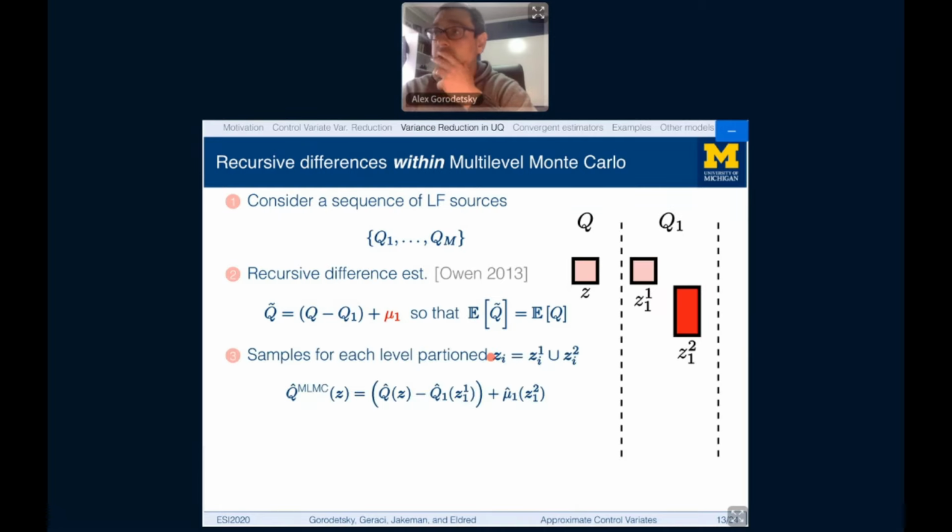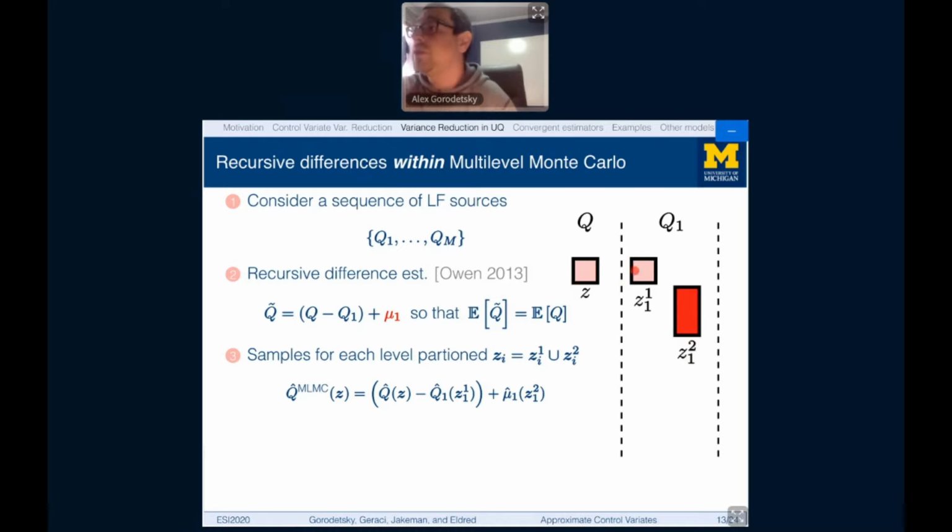And so we can build it up slowly by saying that suppose we have a two-model case, and here's a two-model case. We don't know mu1, okay? So in order to get mu1, we're going to partition it with additional samples of z1, 2. Again, we evaluate Q with these pink z samples.